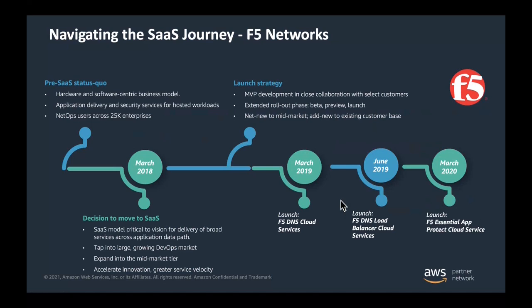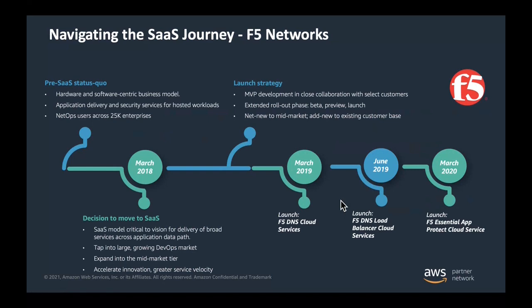And in this scenario, the first 2 launches are different parts of the product, and the one launch they did in March 2020 is their product that usually targets a broader audience.